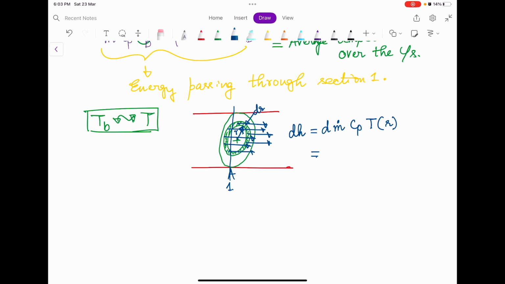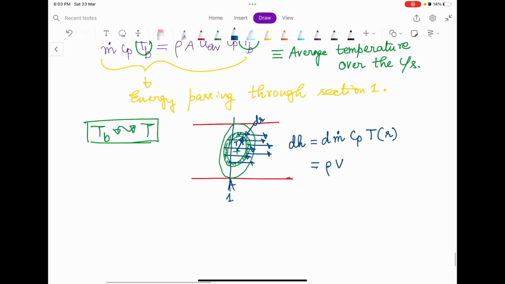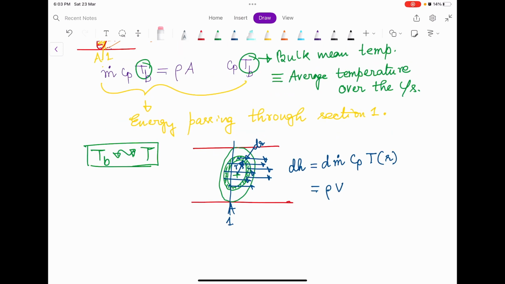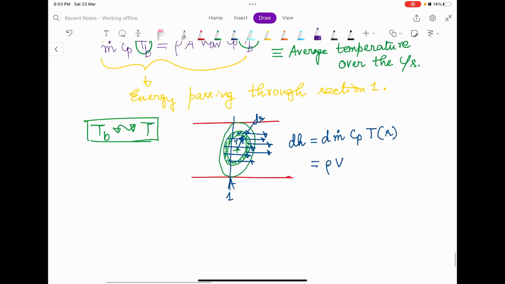Now this dm dot is what? It is rho into velocity, that is Vz actually. I am writing U here, so let me change this to W, because in this direction I am taking my velocity as W. So here also I will have W. Mind that W may also be a function of r at a particular cross section at a particular z.